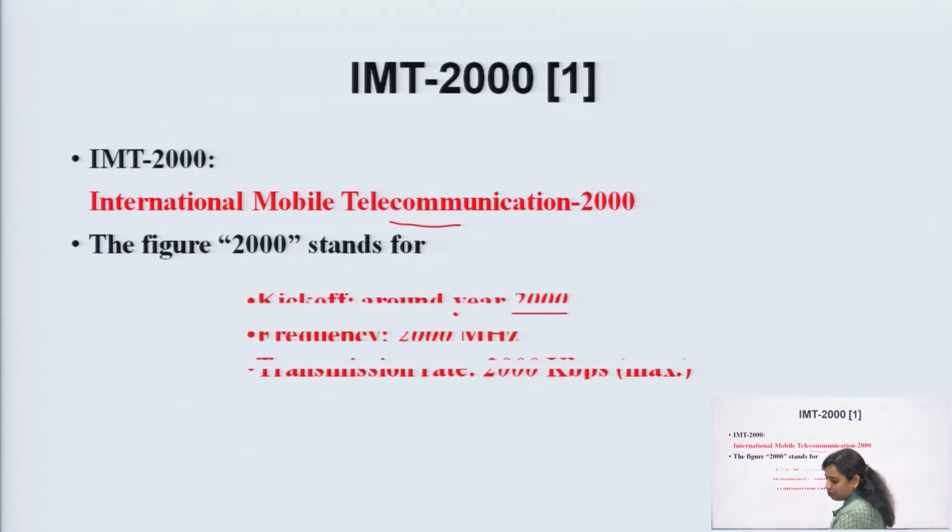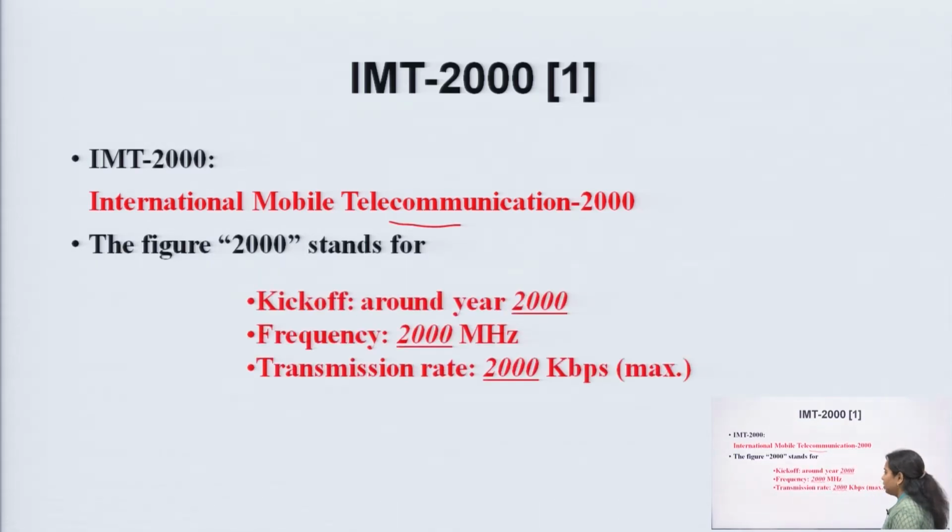Now, this figure 2000 stands for the fact that it kicks off around the year 2000. Its frequency is 200 megahertz and its transmission rate is 200 kbps, that is kilobits per second. So, this is about why this 2000 is appended with IMT. IMT is International Mobile Telecommunication.